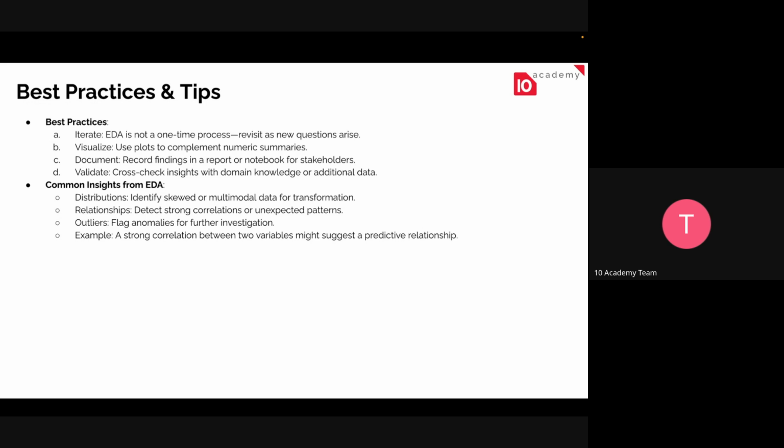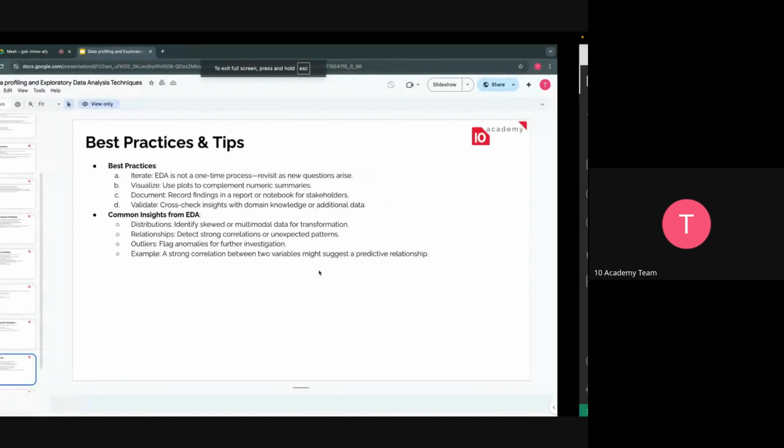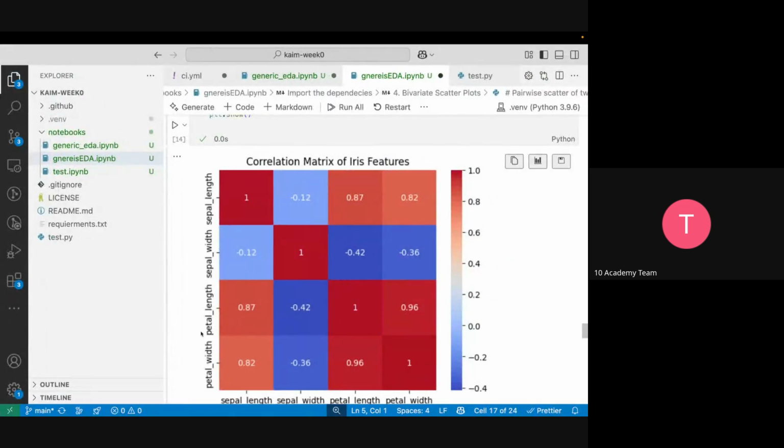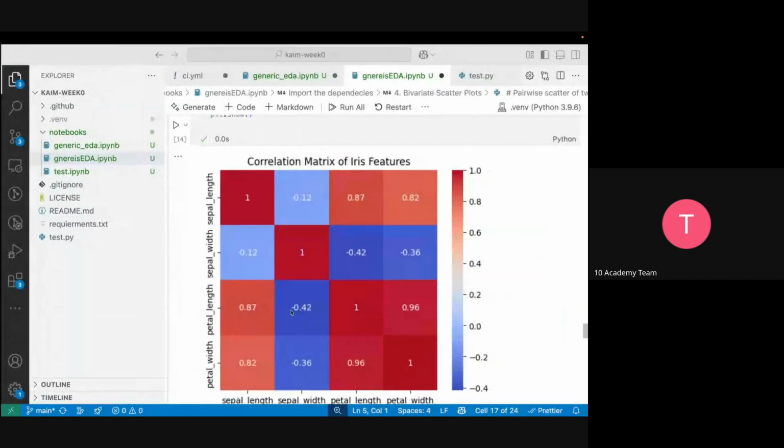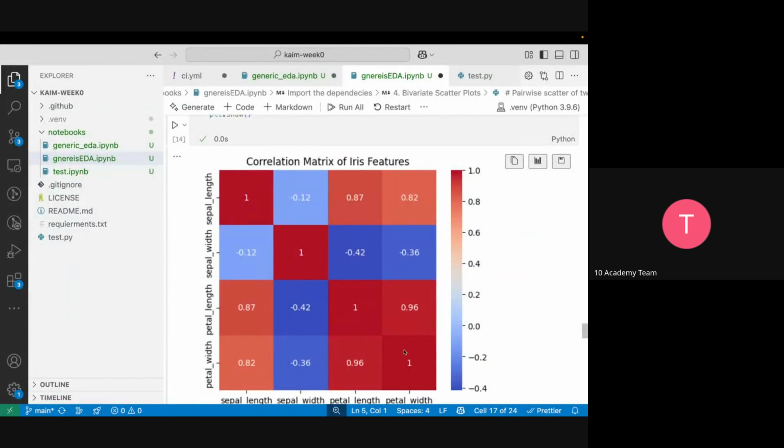So here from the example, you can see that the petal lengths and the petal widths are very, very related. So from this, you can come up with a theory, or a predictive relationship, that by only looking at the petal lengths, you could guess or predict the petal widths.